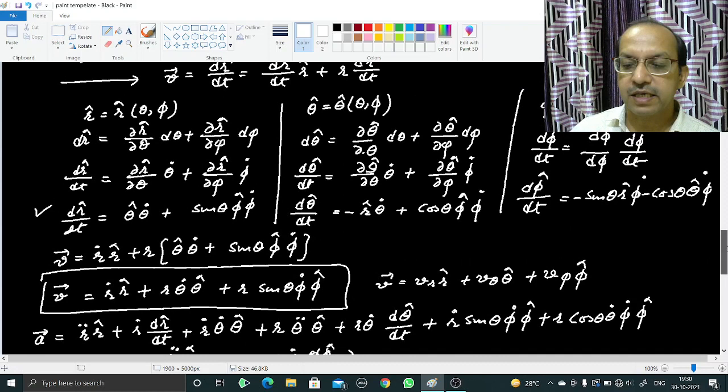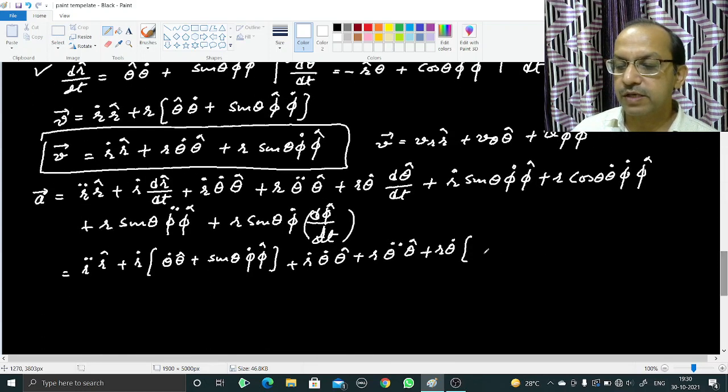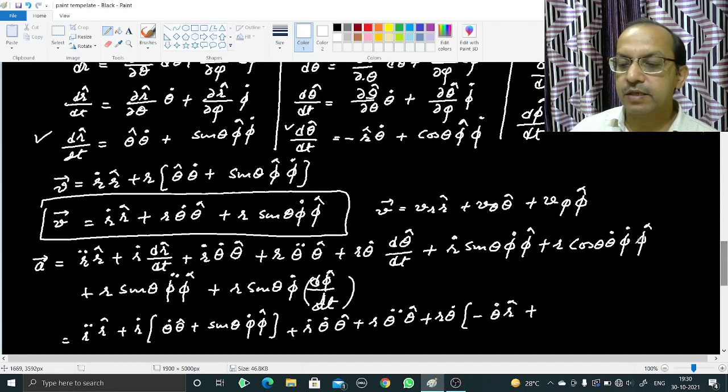So d theta cap dt is minus theta dot r cap plus cos theta phi dot phi cap, bracket closes.